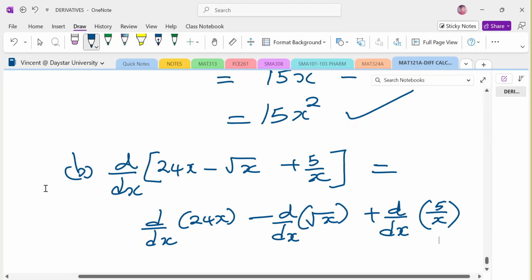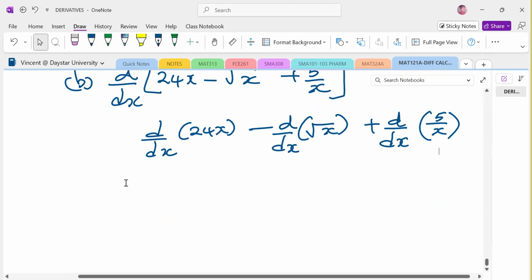So the derivative of 24x, minus, now root x is the same as x power a half.